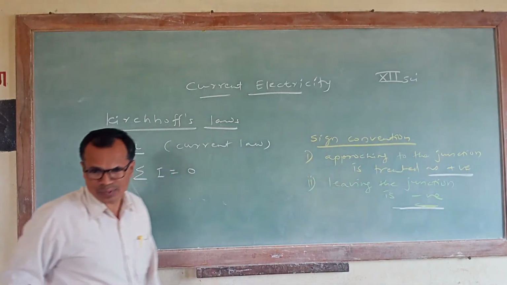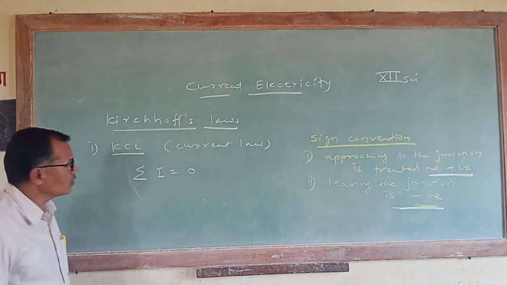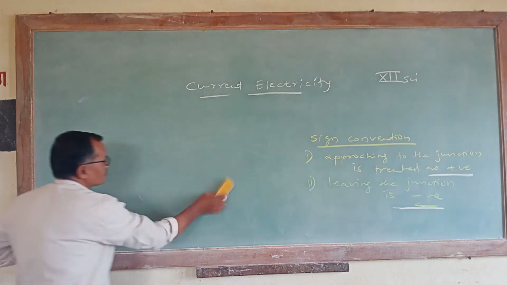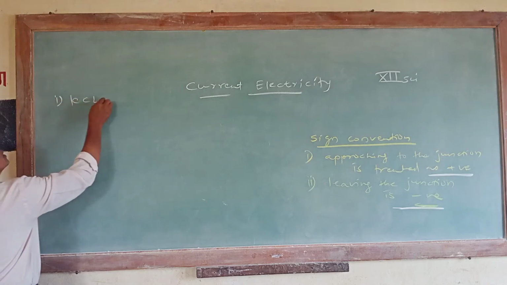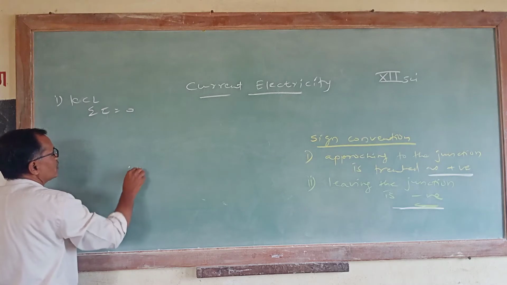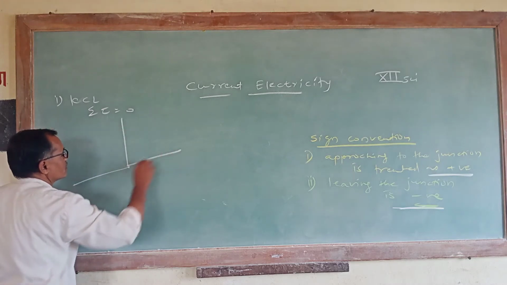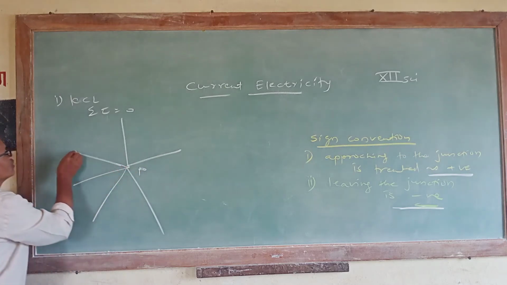Now we will see one example. Suppose that there is a junction. We are discussing KCL and its summation I = 0. Suppose that this P is the junction, and these are the conductors, carrying different currents.